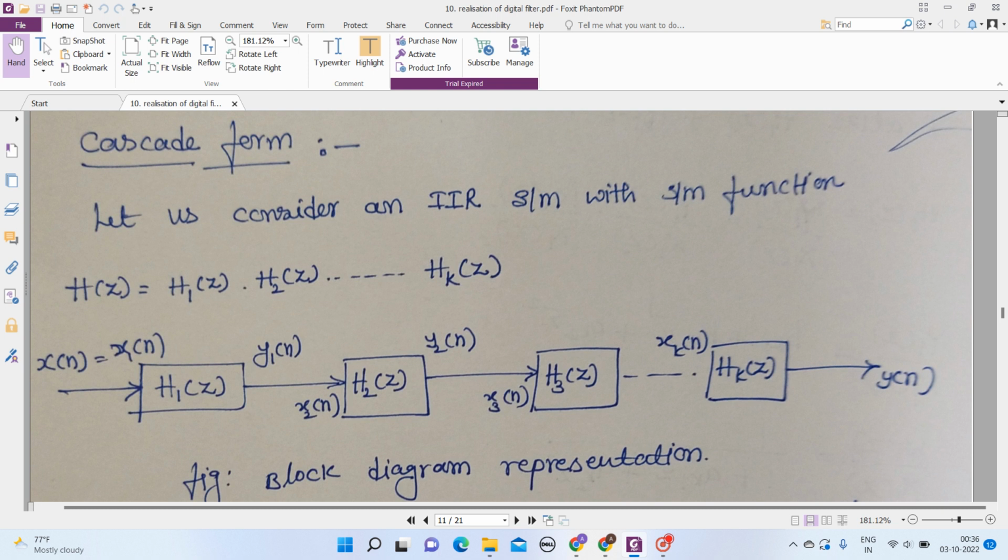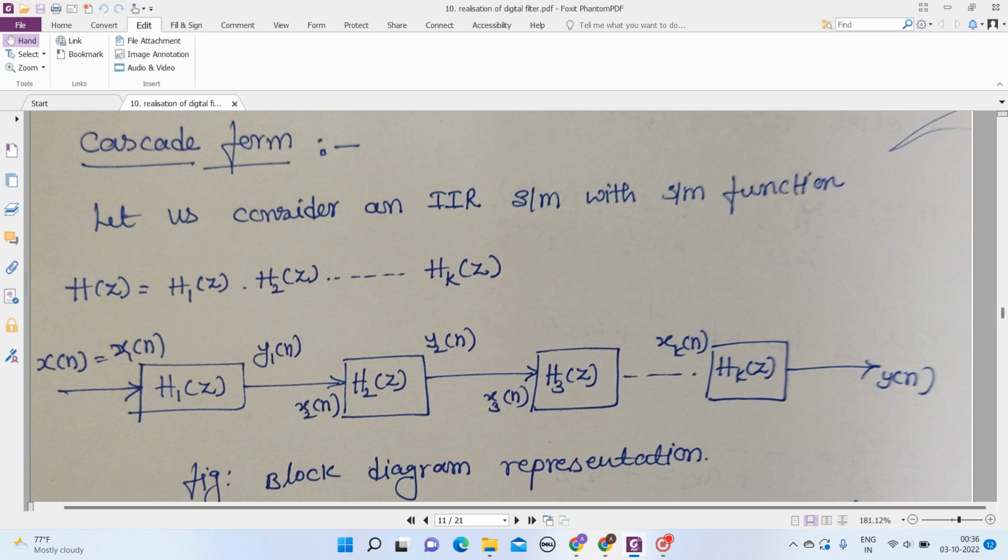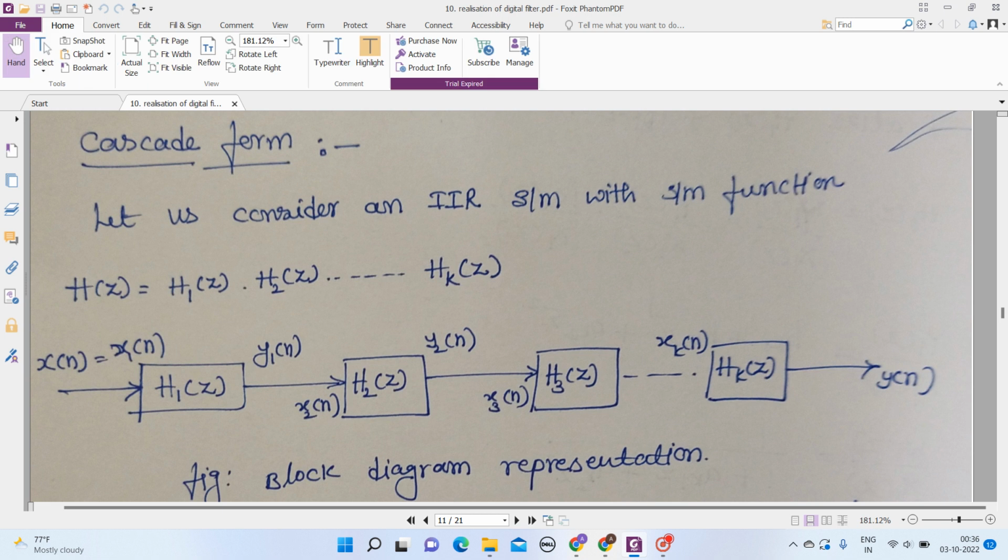In this video, we are going to discuss the cascade form structure. In the previous videos, we have discussed two structures, direct form 1 and direct form 2.